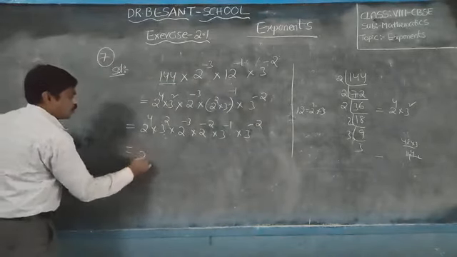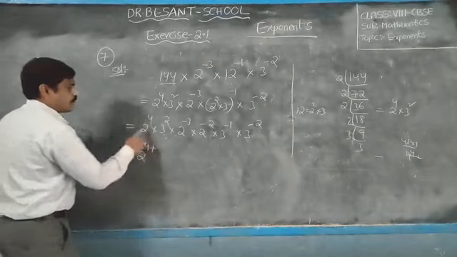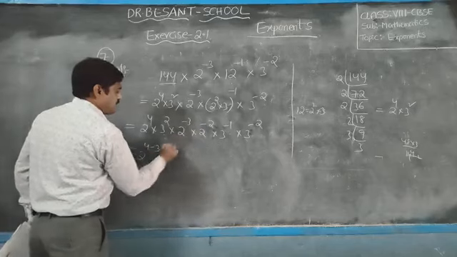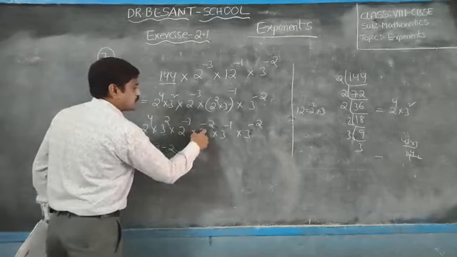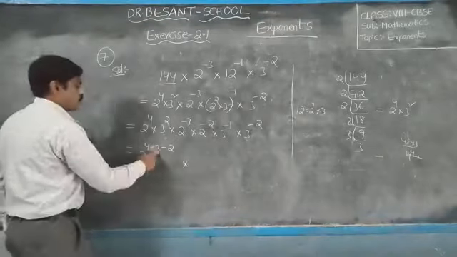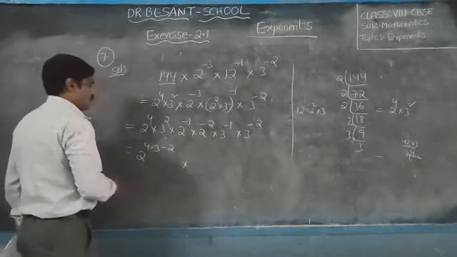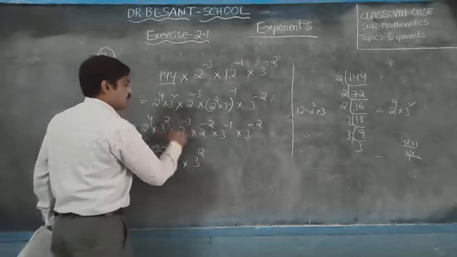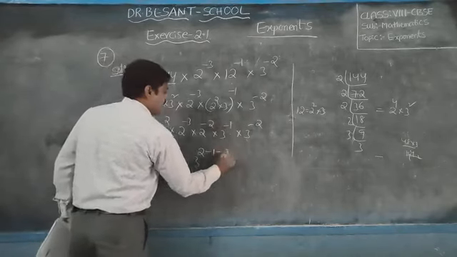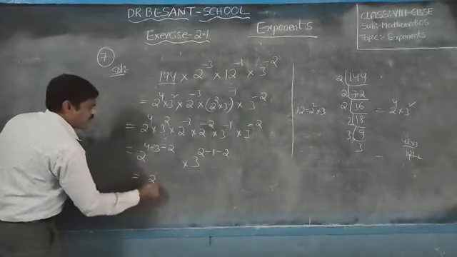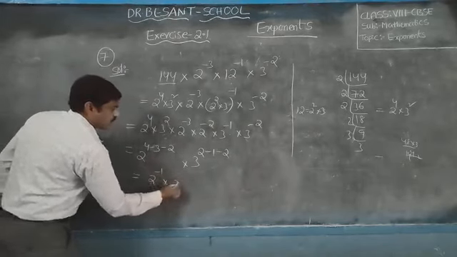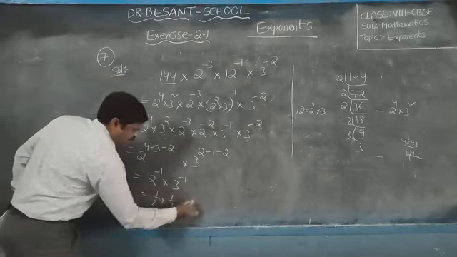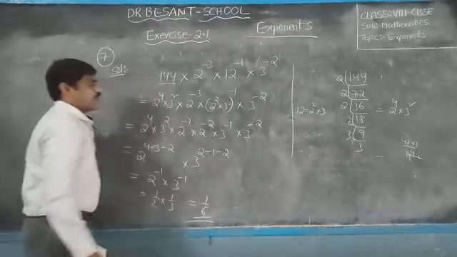So 2 power, this is 4 plus minus 3, this is minus 2, into 3 power, this is 2, this is minus 1, this is minus 2. So that is equal to 2 power minus 1, 3 power minus 1, that is equal to 1 by 2 into 1 by 3. The final result is 1 by 6.